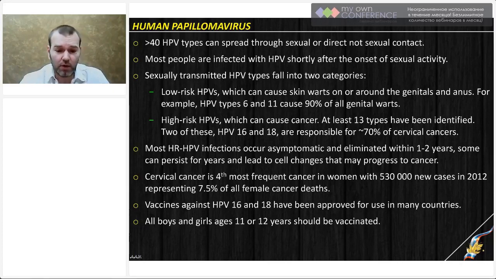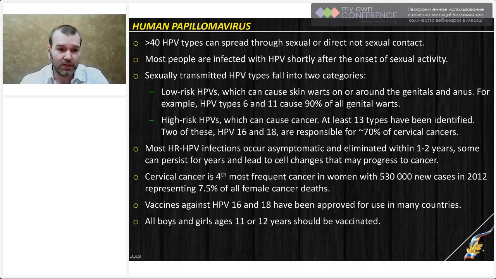So, luckily, recently we have vaccines registered for use in humans against the two most frequent high-risk oncogenic viruses, HPV 16 and 18, and in many countries they are already approved for scheduled use, usually indicated in young adults of 11 or 12 years, before, of course, sexual activity.